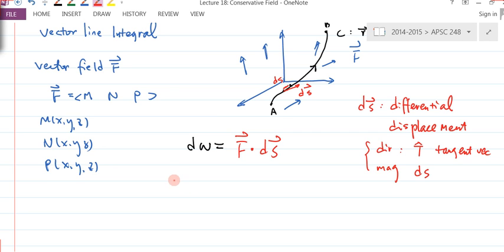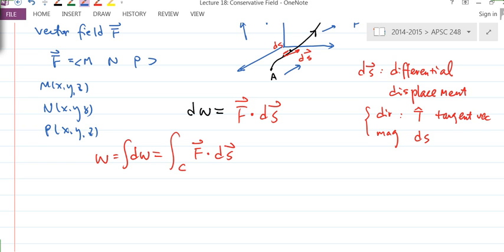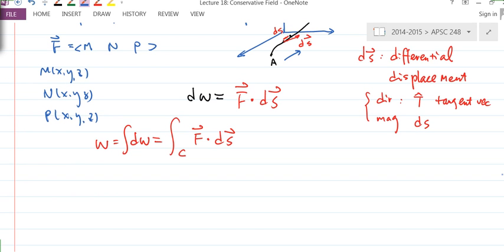Then the total amount of work is W equals the integral along the curve C of F dot ds. Basically W equals the integration of dW. So that's a line integral. From here, there are slightly different appearances for this line integral when you try to evaluate it.